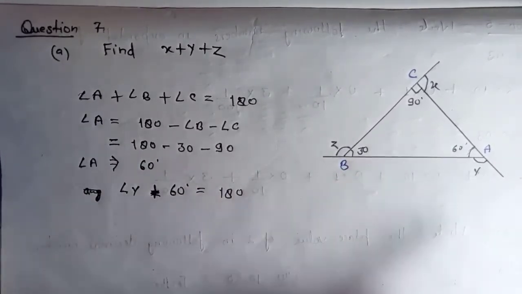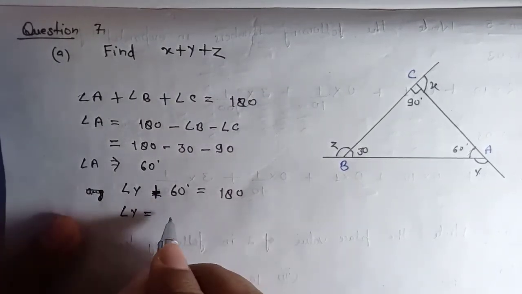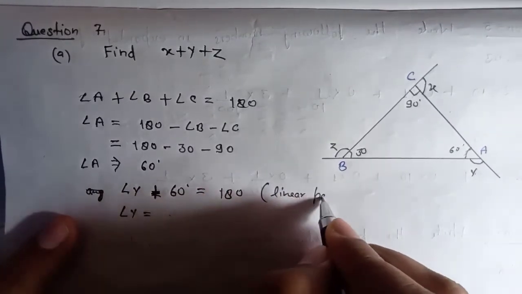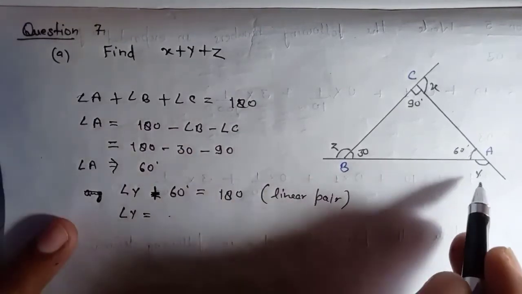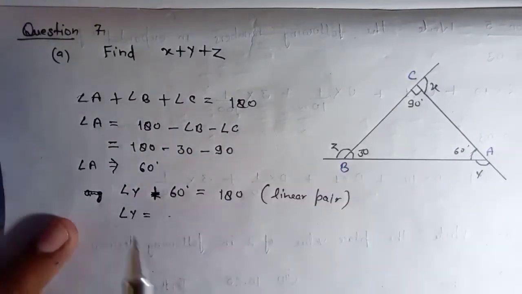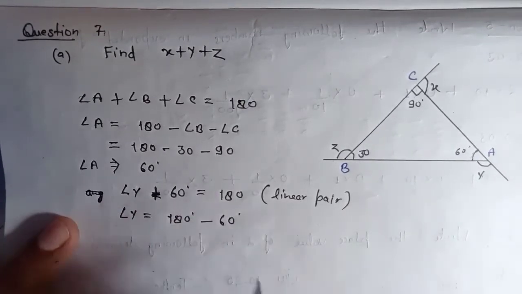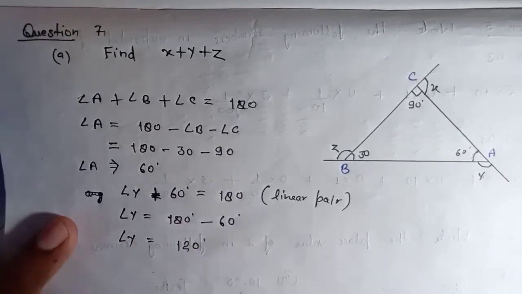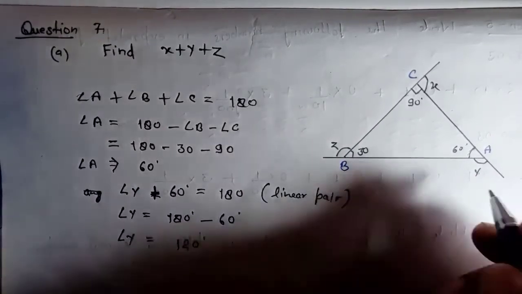They both form a linear pair. So from here, angle Y is equal to 180 degrees minus 60 degrees, and angle Y is equal to 120 degrees.